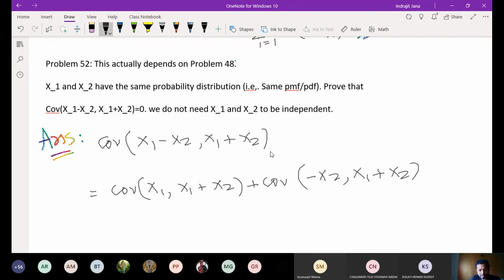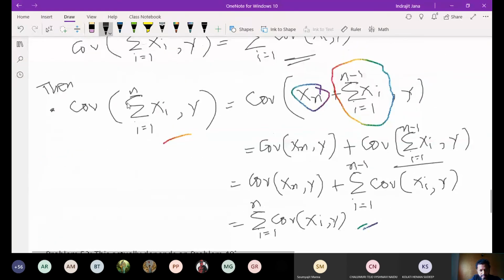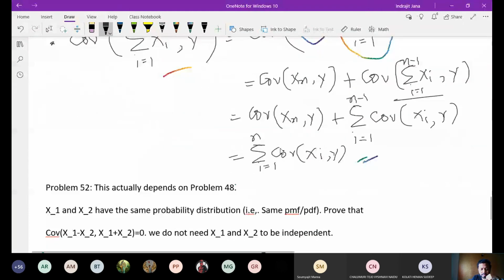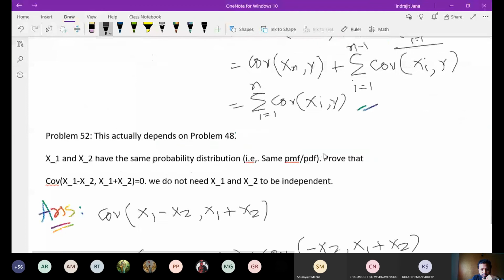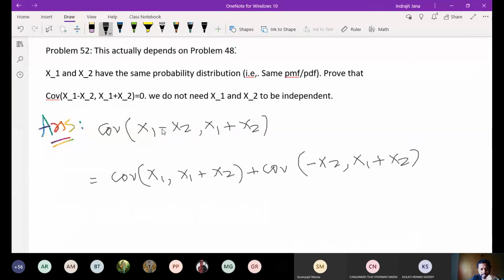Because what have you seen in this previous problem? It says that covariance of summation xi comma y is same as summation of covariance xi y. So I have x1 plus a negative x2. So x1 minus x2 can be thought of as x1 plus negative x2, and x1 plus x2 can be thought of as y.